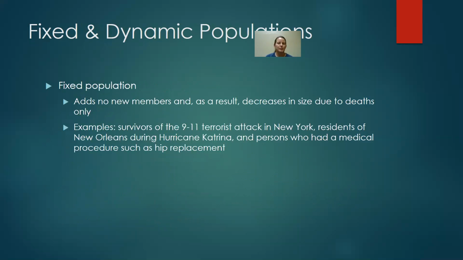Some examples would be people who experienced a specific event. There are follow-up studies of people who survived the 9/11 attacks or who worked to do rescue immediately after. That's a fixed population. That was a single event, and we can identify people who were exposed, but there's not going to be anybody entering that population newly.